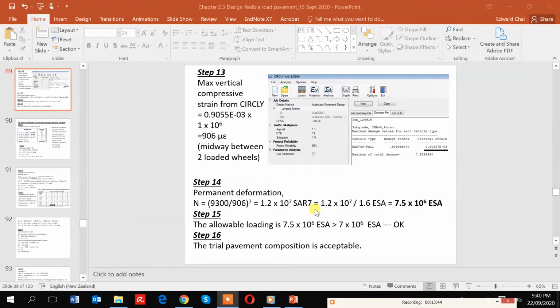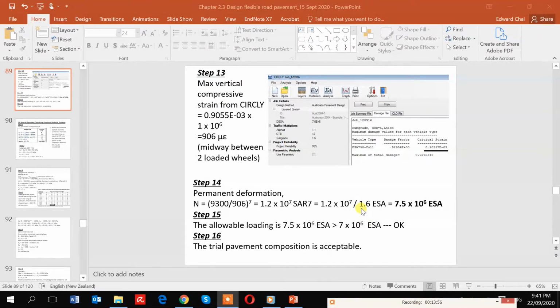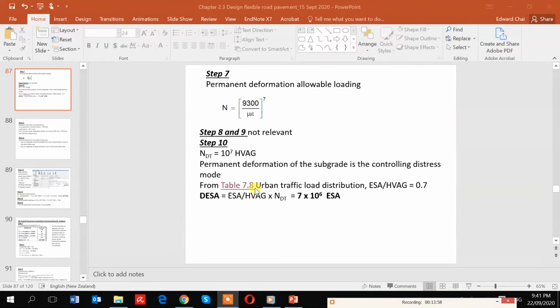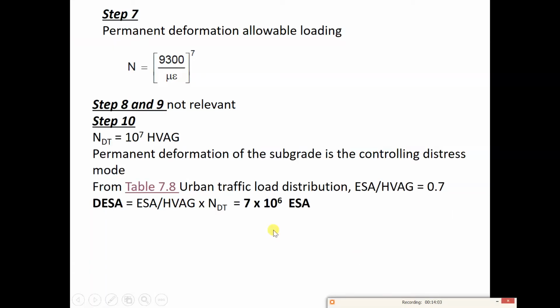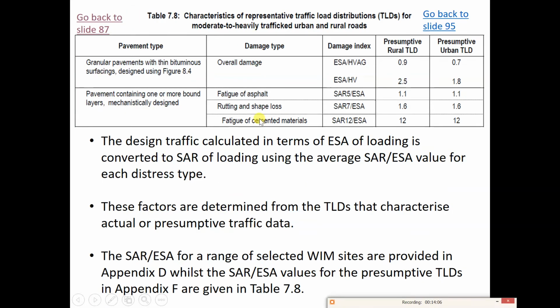And we need to convert to the ESA. To convert it into ESA, you have to divide by 1.6. So from this, for the routine and shape loss, SAR 7 divided by ESA equals 1.6.